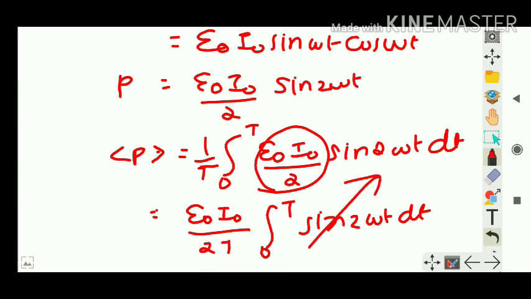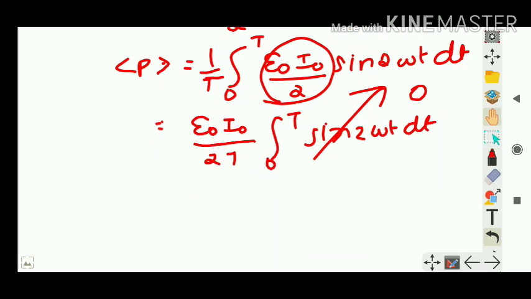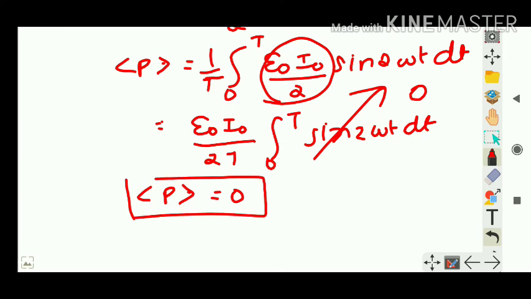Now this entire integral is 0, because it is a sinusoidal function. So the average power P is equal to 0, just like in the case of the inductor. Both inductor and capacitor have an average power value of 0. Only the resistor has an average power value. The other two components don't. Keep that in mind, guys.